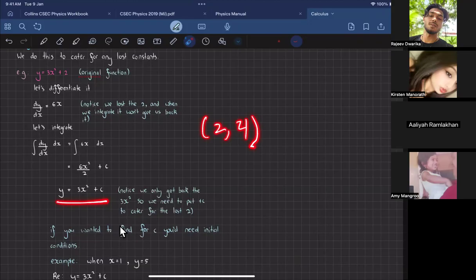How would you do it? You use the points that they give you. So what would be x and what would be y? x would be 2 and y would be 4. You plug that in, you find c, that's it.